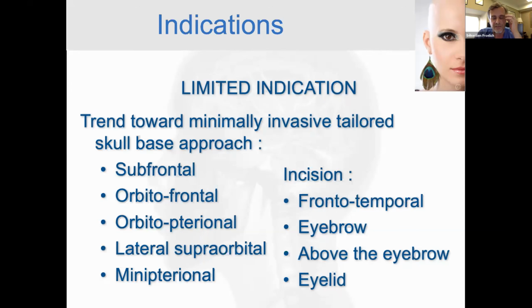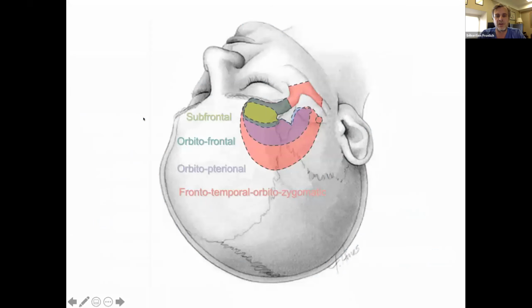As you can see on this slide, there is a trend towards orbito-frontal, orbito-pterional, lateral supraorbital, mini-pterional, but also keyhole approaches for lesions that we were sometimes treating with an FTOZ.